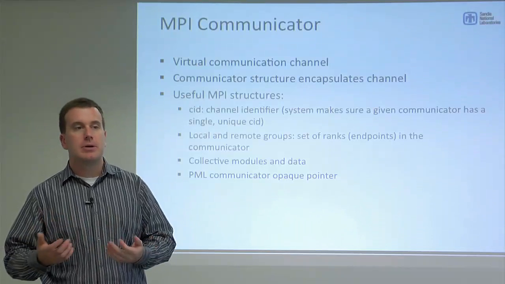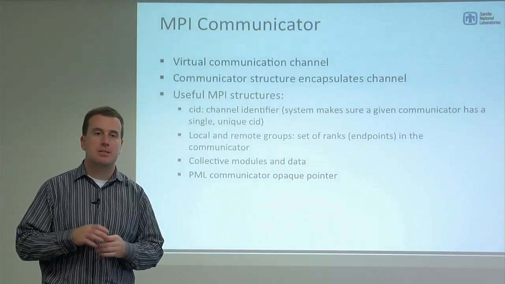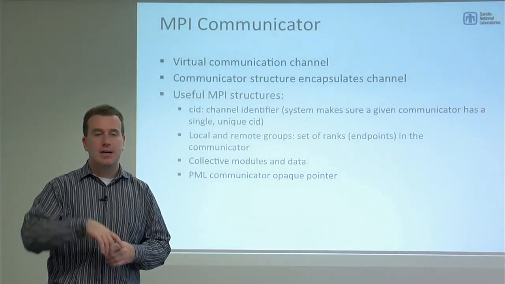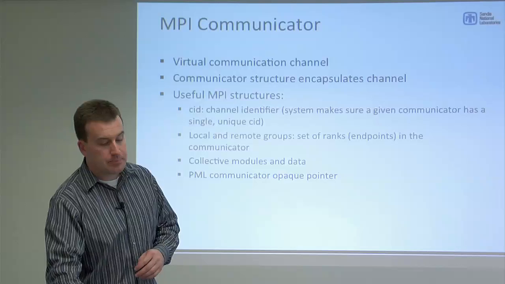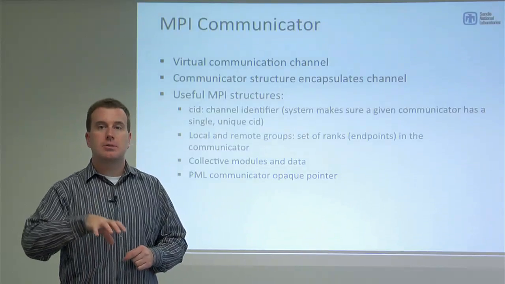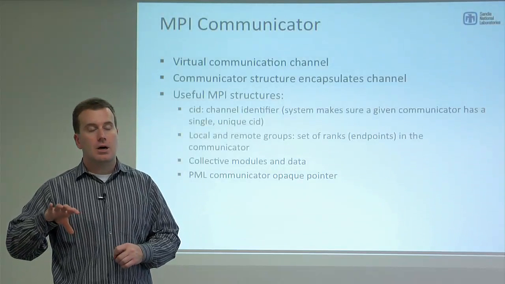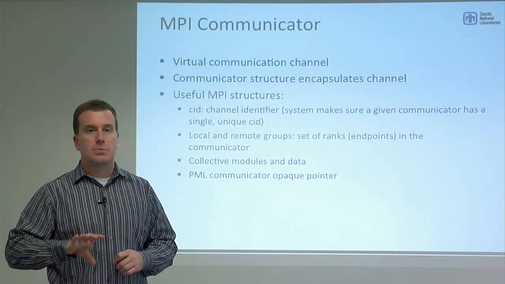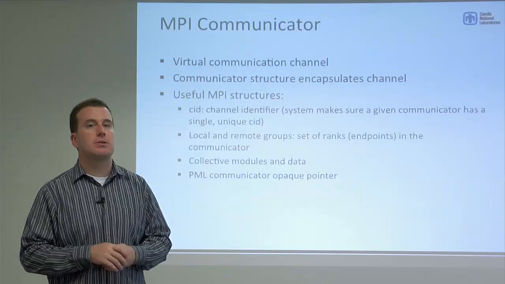There's a local and a remote group. These are a semantic that's kind of unimportant, but basically what you need to know is there's a structure that identifies every peer in this communicating channel. The collectives are chosen per communicator using the component system Jeff talked about this morning. So there's which collectives component you're using for this communicator.